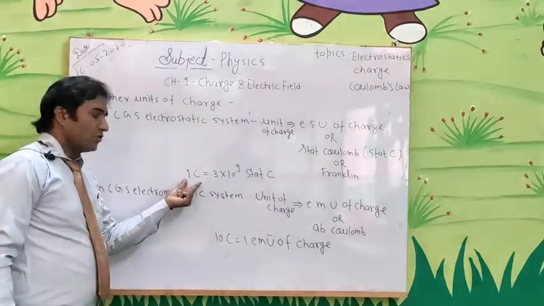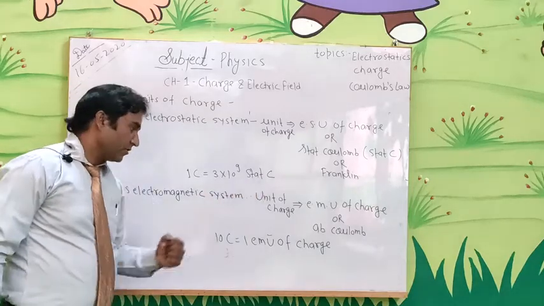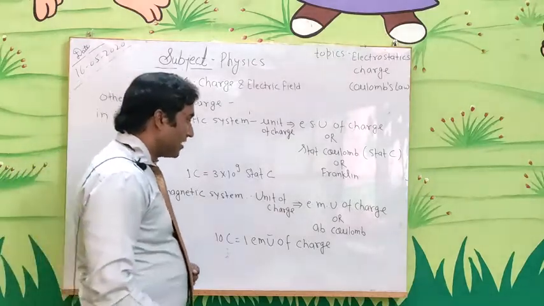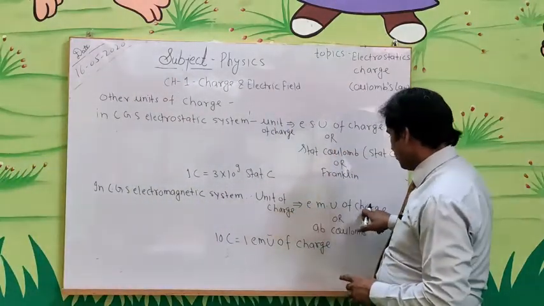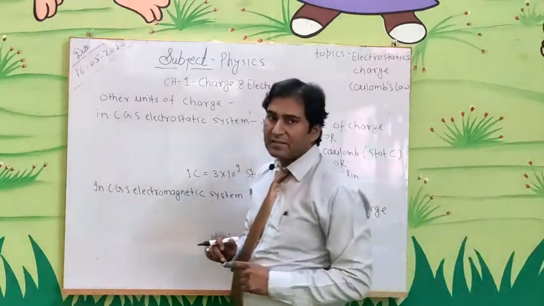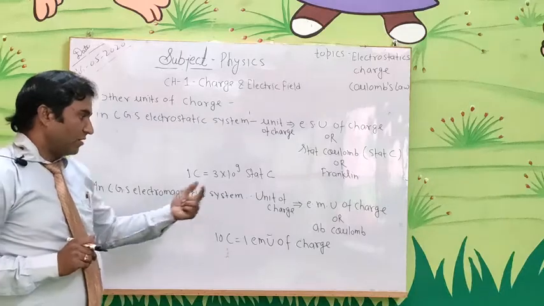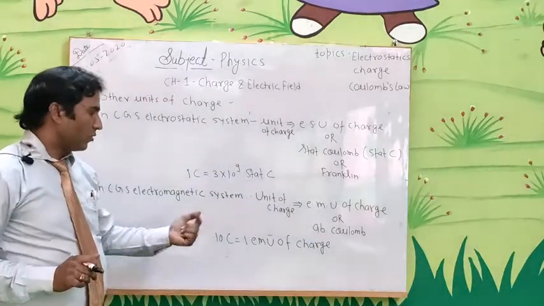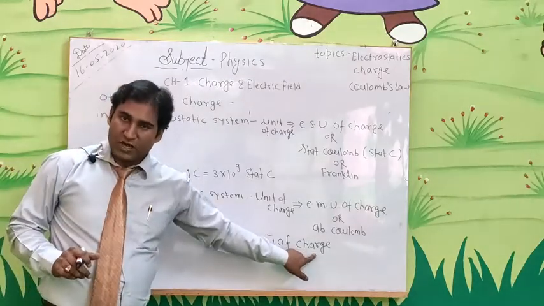As you know, 1 coulomb equals 3 times 10 to the power 9 statcoulomb. Now in the CGS electromagnetic system, the unit of charge is the EMU of charge, also named the electromagnetic unit of charge, which can be written as abcoulomb. So 10 coulomb equals 1 EMU of charge.